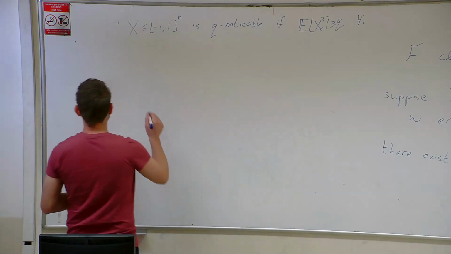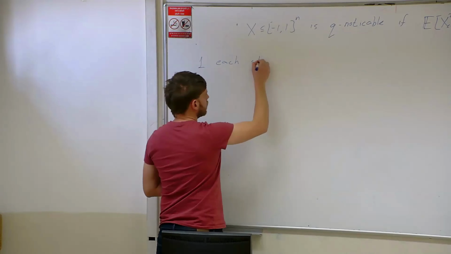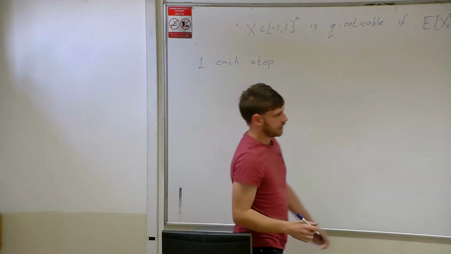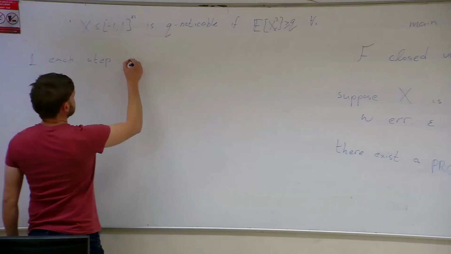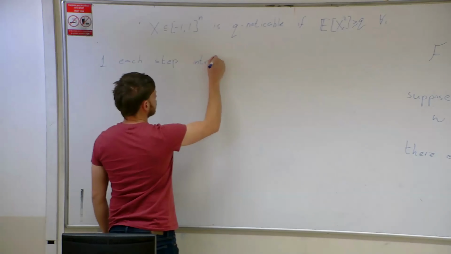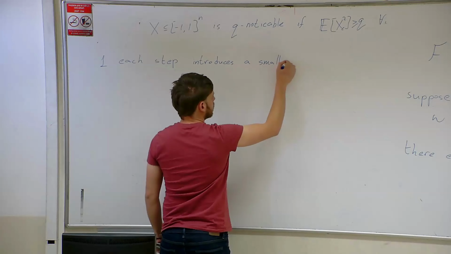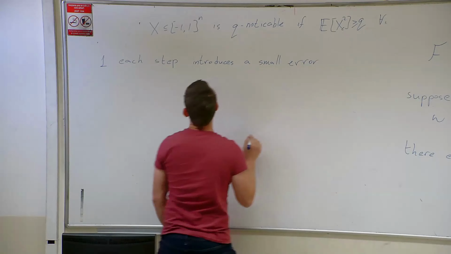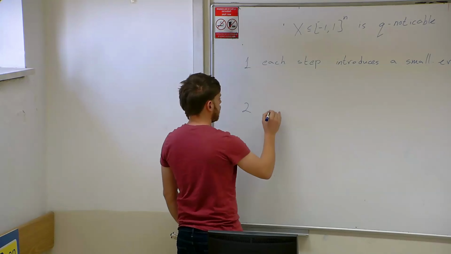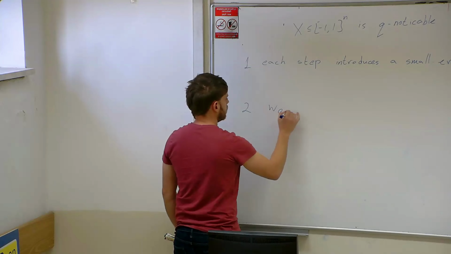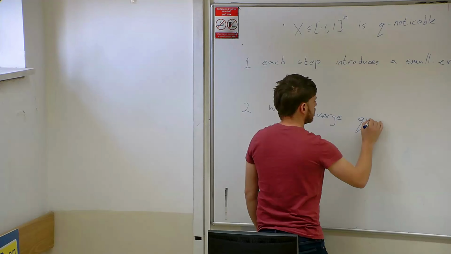One, each step, by a step I mean moving from y i to y i plus 1, introduces a small error. Two, we converge quickly.